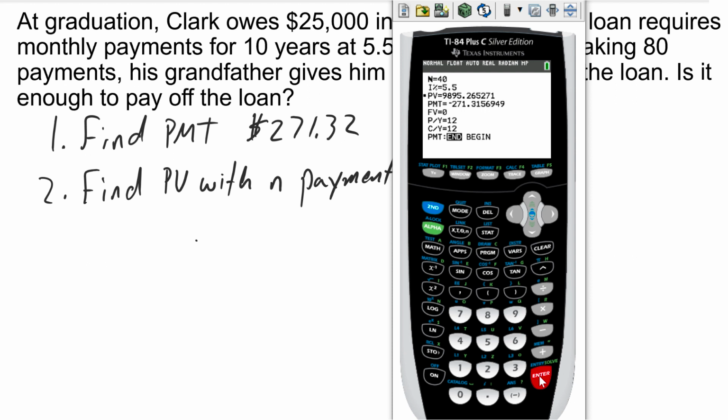So if we just multiply that payment times 80, that's finding us how much he's paid, but that doesn't mean how much he has paid off of the loan, just how much money he has given to the bank. And the bank has taken part of that money for profit. Now that we've discussed that, let's look at an amortization schedule because that's going to be pretty helpful in figuring out how these loans work.